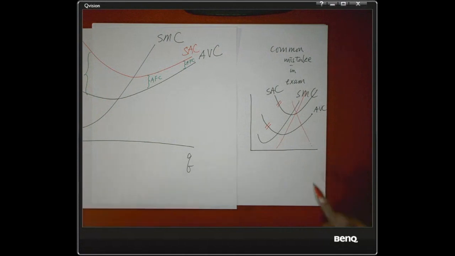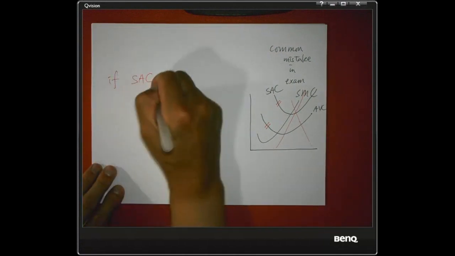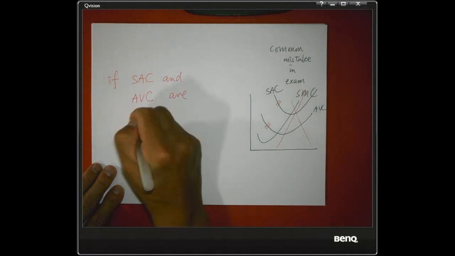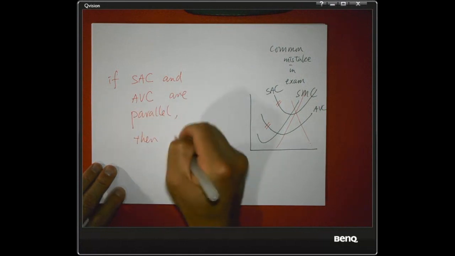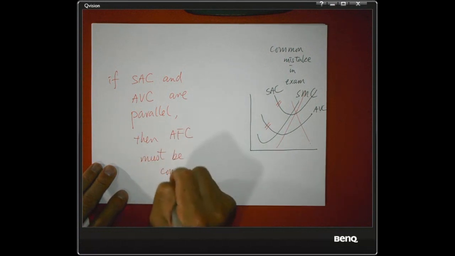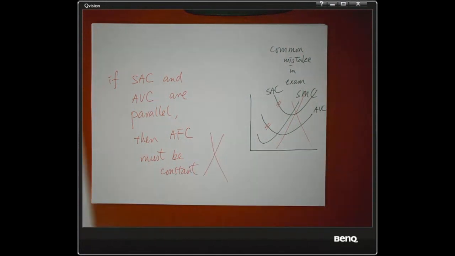This is wrong, because if they are parallel, then the average fixed cost must be constant. That is not true. That's why in the exam, if you draw these cost curves parallel to each other, marks will be deducted.